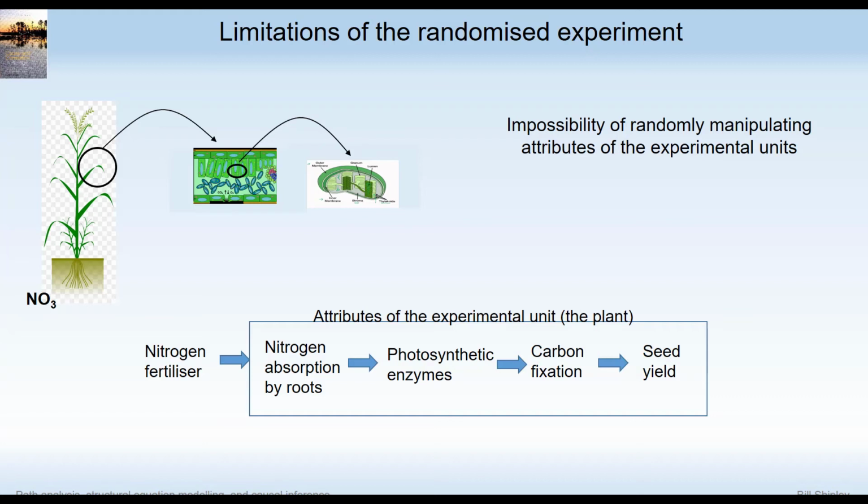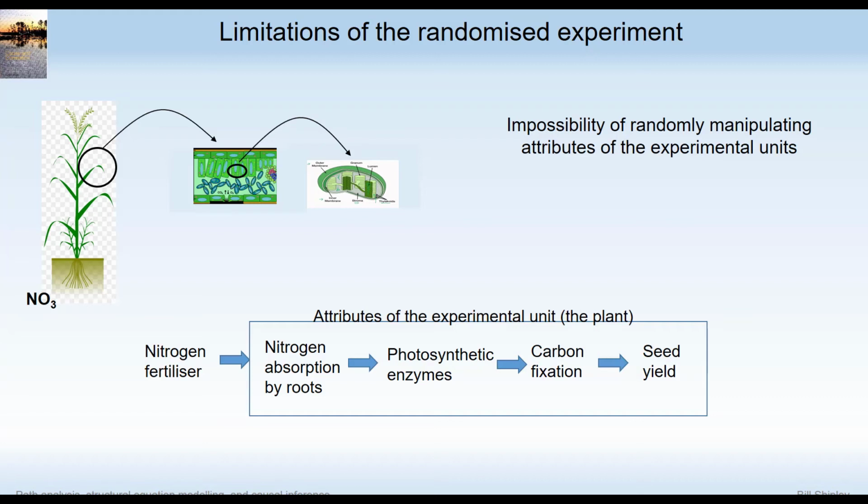But we can't see whether nitrogen fertilizer that was added caused increased carbon fixation by increasing photosynthetic enzymes. Perhaps nitrogen increases photosynthetic enzymes, perhaps it increases carbon fixation, but photosynthetic enzymes have no relationship to carbon fixation. So we can't do that type of an experiment.